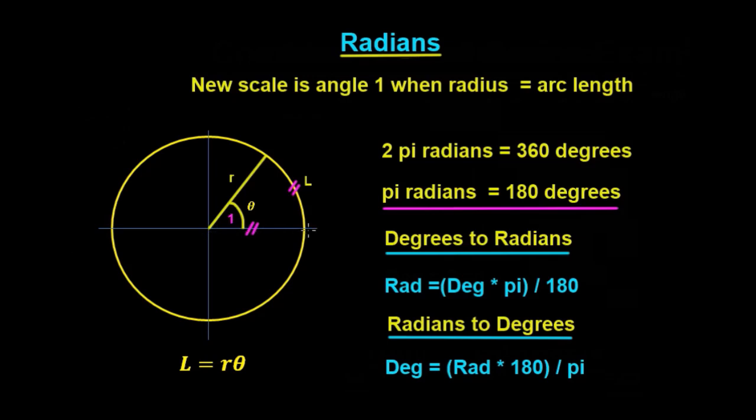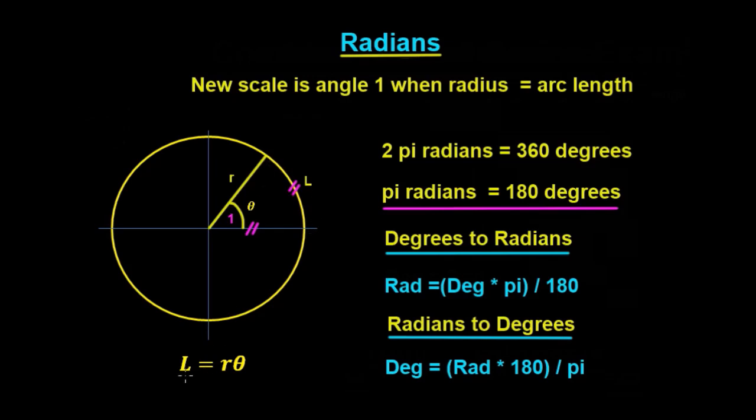But if the radius was, say for example, a value of 2, then all we need to do is multiply the angle here, theta, by the radius. So say for example, the angle was 1.5 radians and the radius was 2, then the arc length would simply be 2 times 1.5, which would be a length of 3.